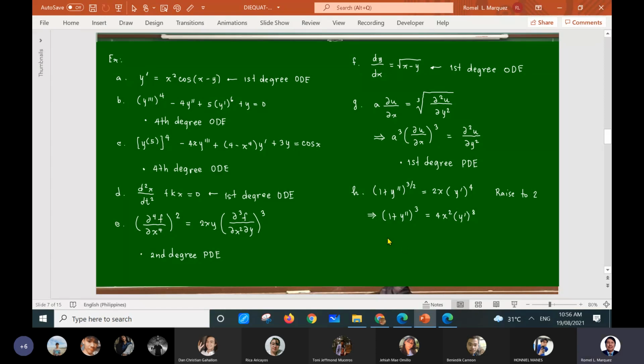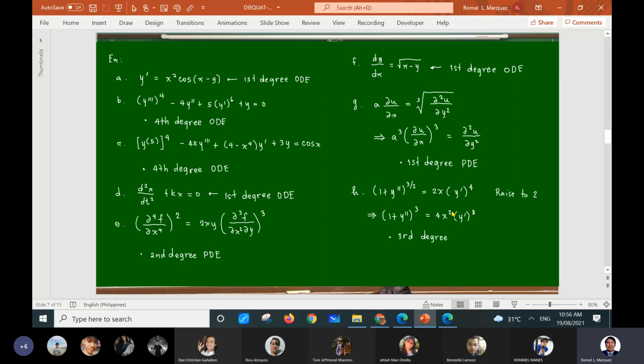What's now the degree here? If you're going to expand this, what do you think will be the highest derivative? I mean, the exponent of the higher derivative here. The higher derivative here is y double prime because this is just y prime, no? What's the exponent of that? 3, no? So this is third degree. Clear now, guys?